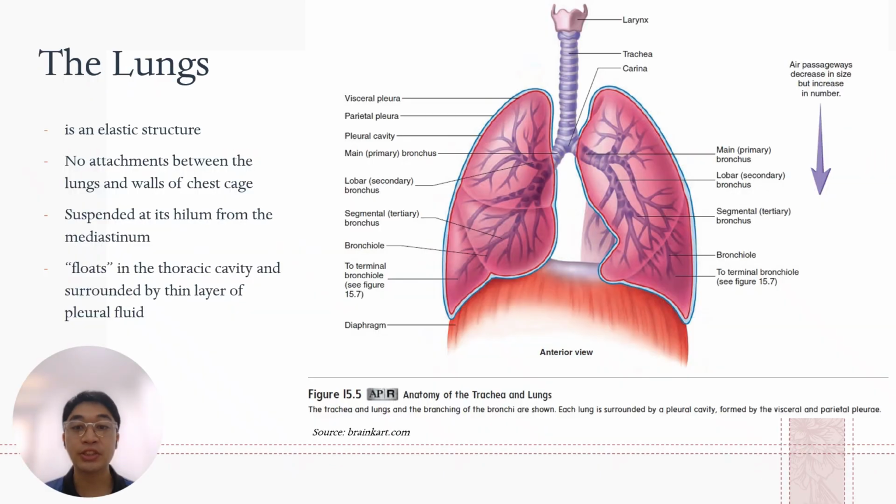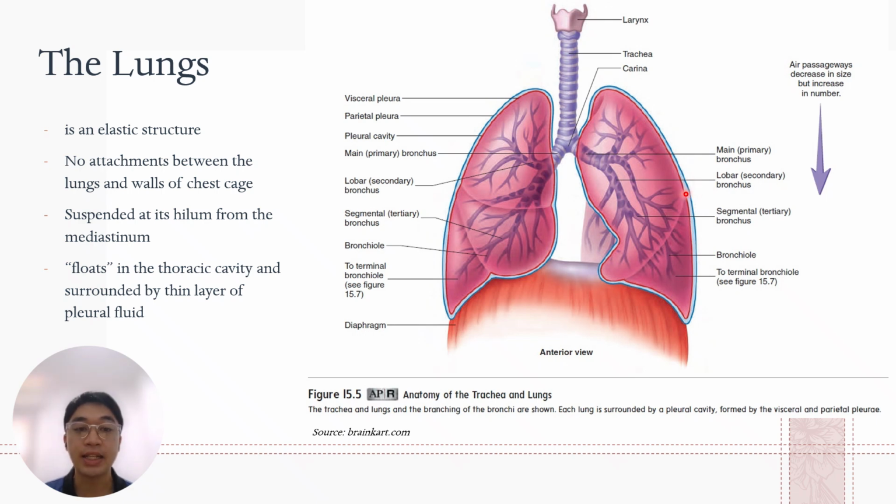Okay, so let us first talk about the lungs. The lungs itself is actually not only a solid organ, but also an elastic structure. It is important to note that our lungs itself has no attachments to the thoracic walls, to the walls of the chest cage. However, they are suspended at its hilum from the mediastinum.